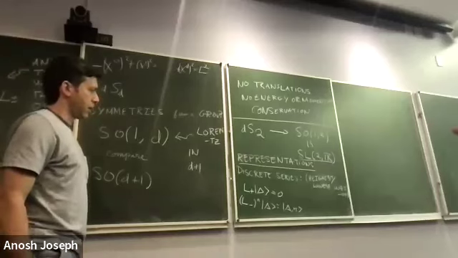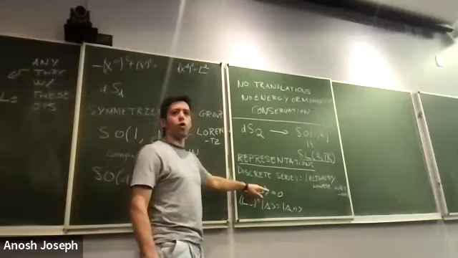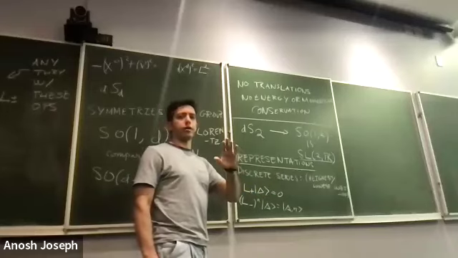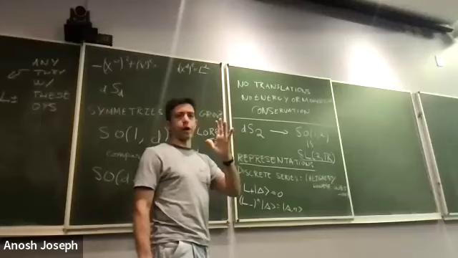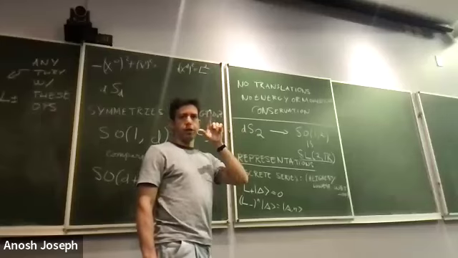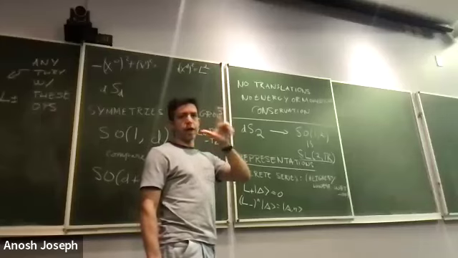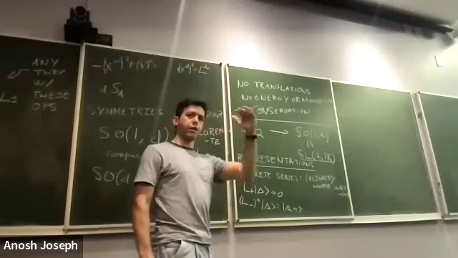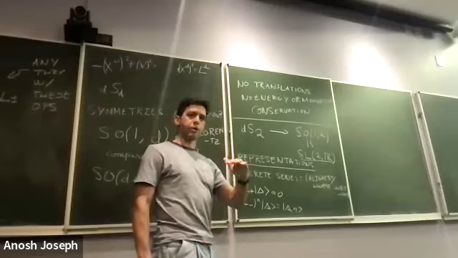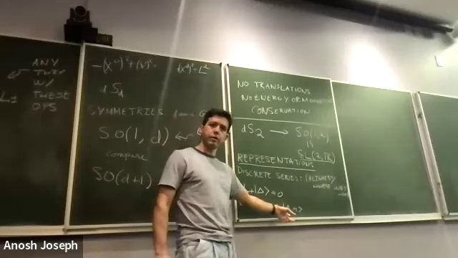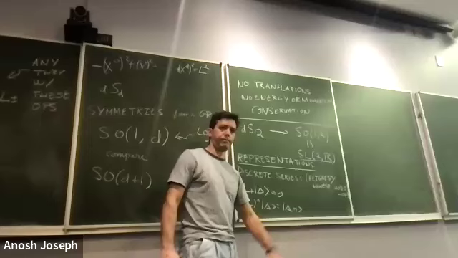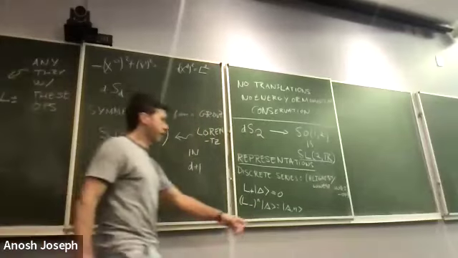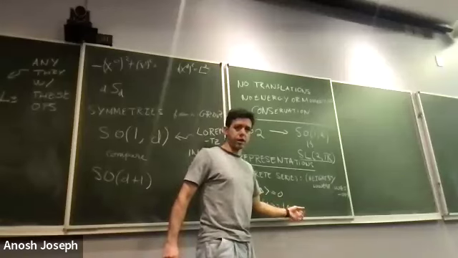Because delta labels the whole representation. When you learn about angular momentum, you have two eigenvalues, L and M. L labels a whole representation, and there are various M's that you're allowed in that representation. So delta is like L, and n is like M. Delta labels the whole representation, n tells you what state you're in within that representation.